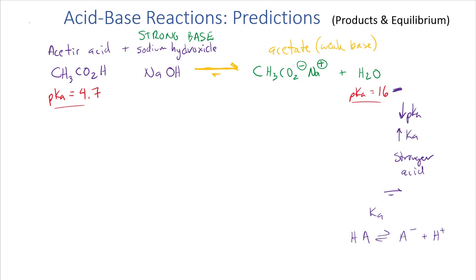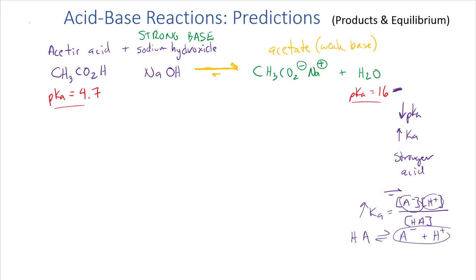Right? So if we write the equilibrium expression for that, which is something we want to be able to remember how to do, then it's products over reactants. And the more favored the products are, the higher the concentration of these, the larger the Ka. The pKa is the negative log of that, so the bigger the Ka, the smaller the pKa value will be.